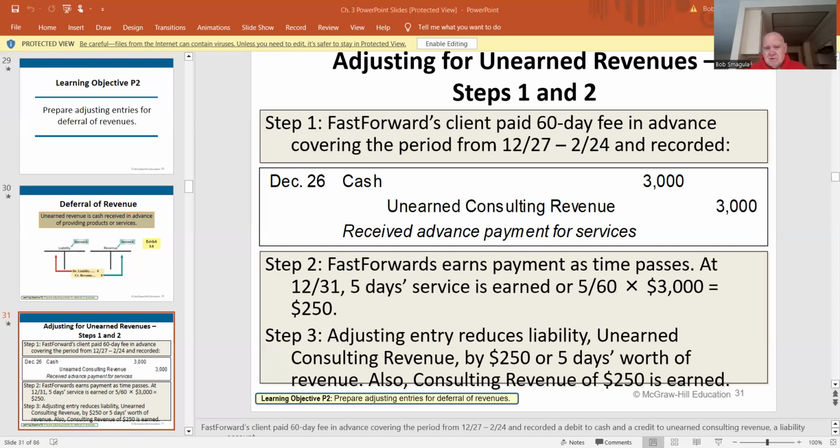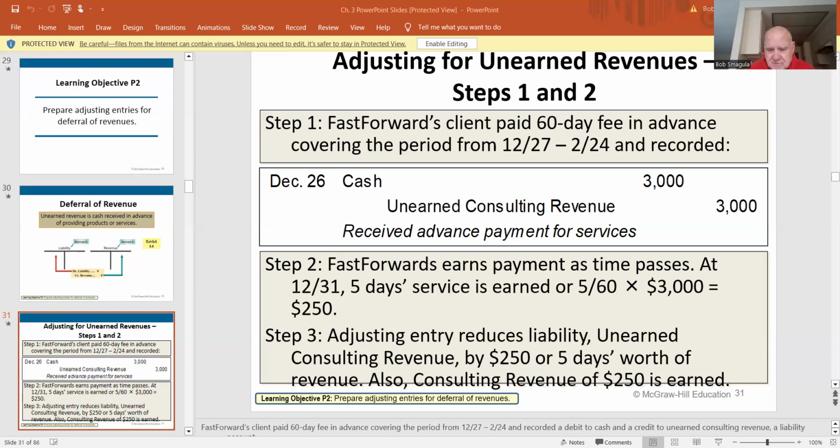And we could say as our explanation, we received in advance for services rendered. Now, step 2, fast forward: earn payment as time goes by. After December 31st, 5 days of service is earned, or $250. The adjusting entry is going to reduce the liability and credit revenue.